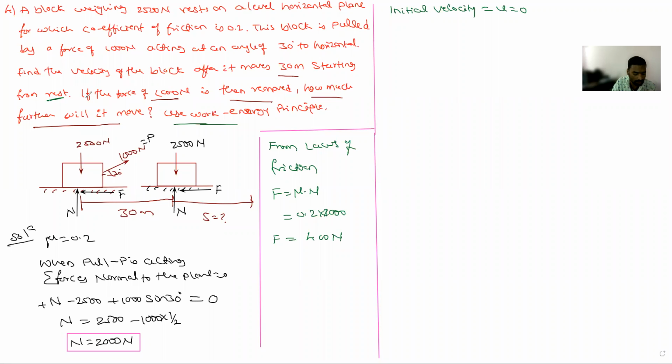Okay, rest is 0. Let the final velocity be V. Next, the displacement is given. How much? Displacement S is equal to 30 meter.